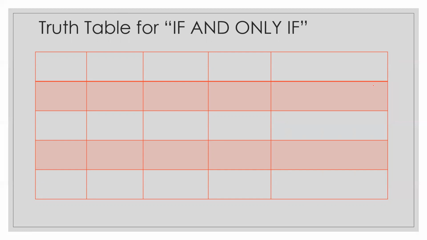So suppose you have 2 statements, P and Q. Then you want to take a look at P implies Q, or if P, then Q. And then you want to consider the other way around, if Q, then P. And then we take a look at both of them, because if and only if means it goes both directions. So let's put the truth values up here: true, true, true, false, false, true, and false, false.